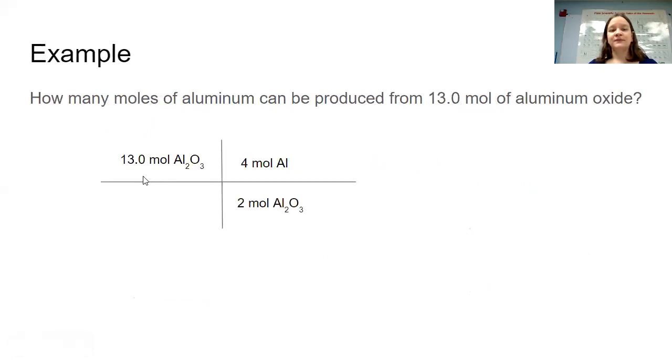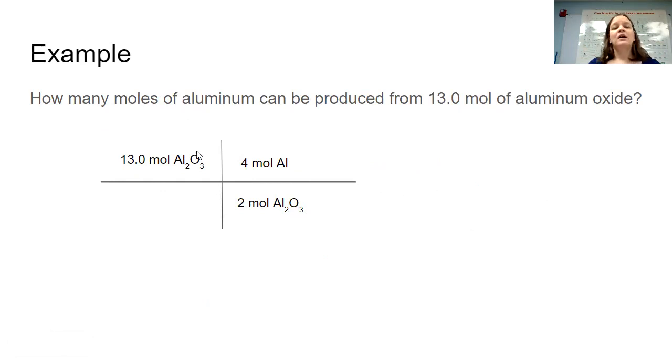Because when I set it up this way, I start with what I'm given, the 13 moles of aluminum oxide. And then I like to do the train tracks. If you don't like the train tracks, you can just set it up as multiplying by fractions, whatever works for you. If you're really confused by this method, shoot me an email or let me know somehow, and I will try to do one without the little boxes.